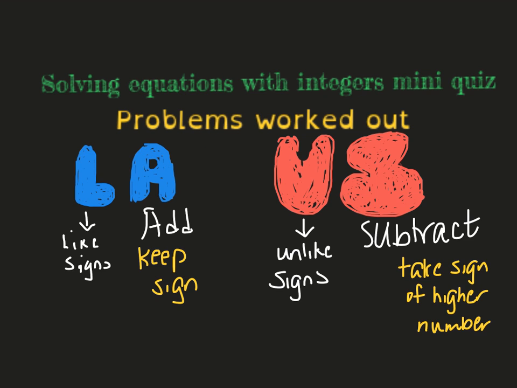So it helps me remember LA is in the U.S. The L means if you have like signs, and the A means you add and keep the sign. So LA. And then US, the U stands for unlike signs, and the S stands for subtract, take the sign of the higher number. So that's basically all you need to do for the addition and subtraction equations, is just remember those rules.